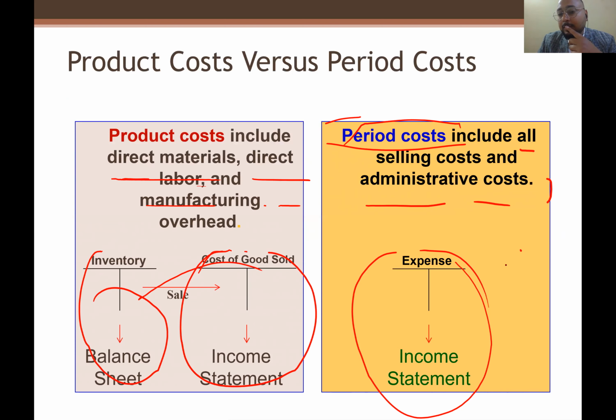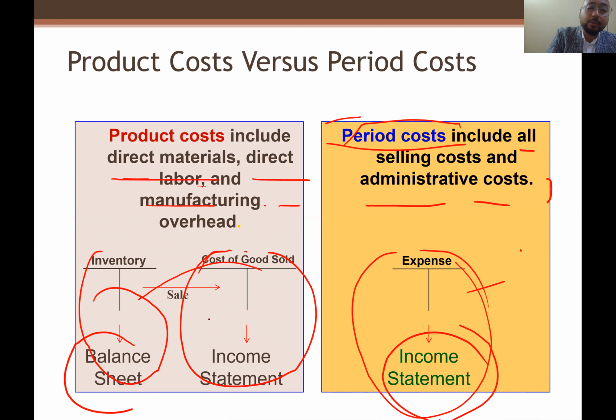The only difference is it always hits the income statement, while product cost, which is manufacturing cost, affects both the income statement and balance sheet, right?